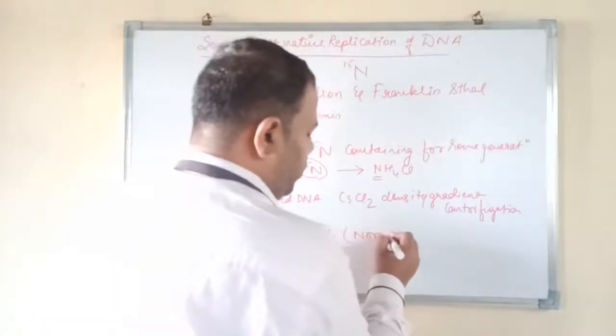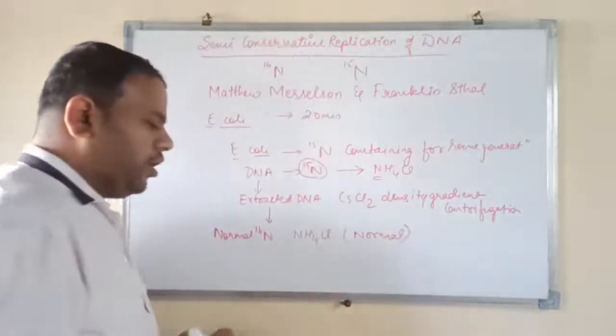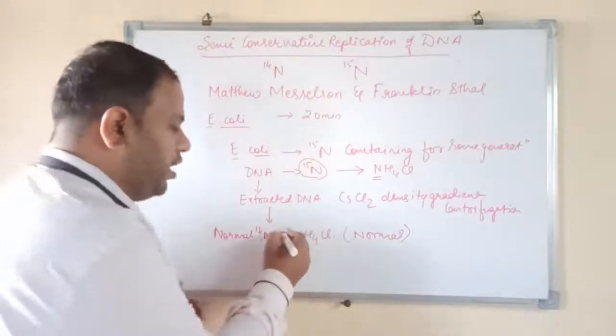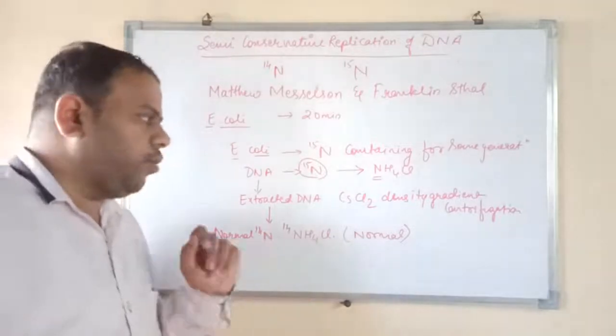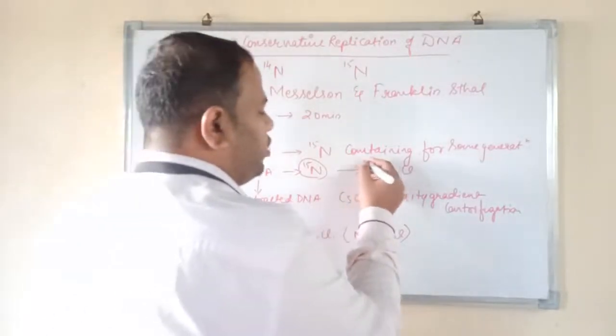They called this medium normal because it had the regular nitrogen 14 isotope in the salt ammonium chloride. In the medium above it was nitrogen 15.